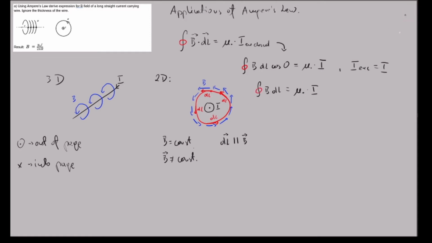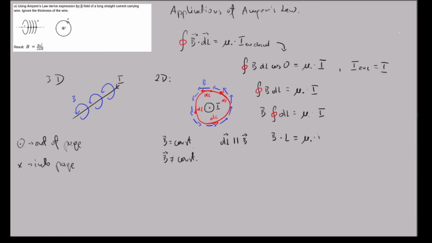Let me just add this little loop here. So B, the integral of dl equals mu naught times I. Here I'm doing this integral along the whole loop. I add all of the little elements dl. When I add up all of these little elements dl, what I get is simply the whole length of the path.